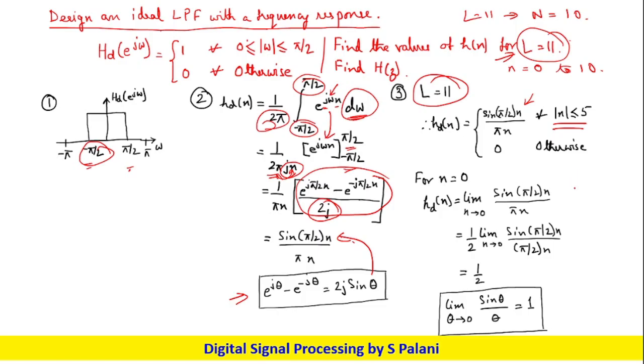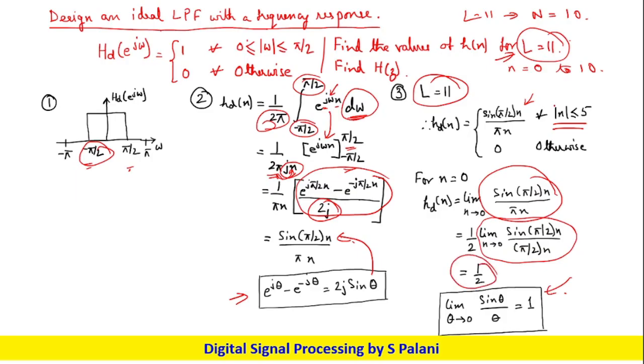If we want to bring this factor into that form, we should divide the denominator and the numerator by 2. Once we do that, we get it in this form, and by applying L'Hospital's rule, limit theta tending to 0 of sin theta by theta equals 1. So we get h[0] equals half.